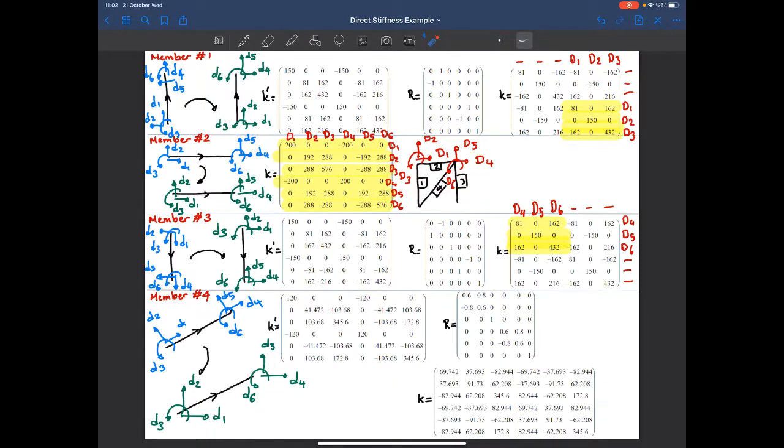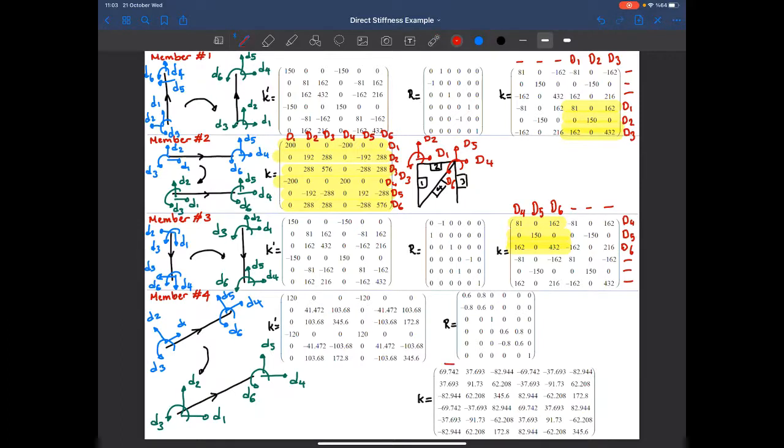So as a final step, let's take a look at the fourth member again. For the fourth member, fourth, fifth, and sixth degrees of freedom again correspond to fourth, fifth, and sixth degrees of freedom of the whole structure.